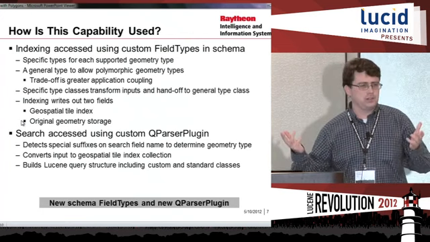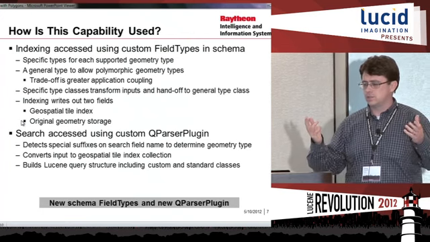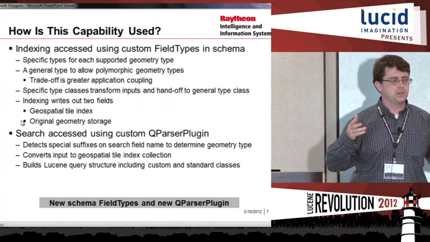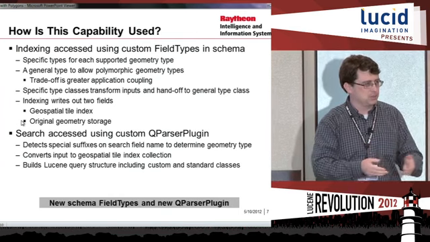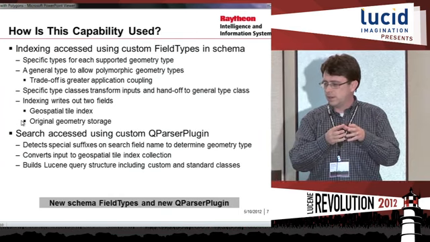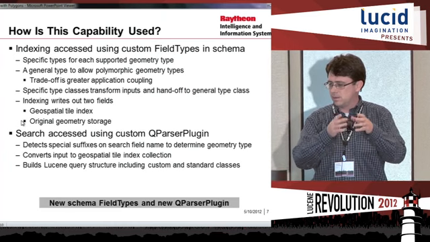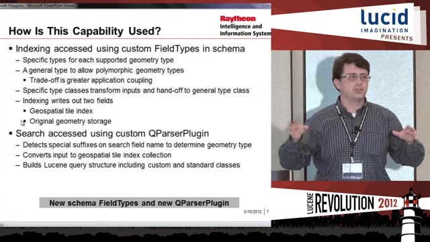So how do we actually use this capability? It requires the use of some custom field types in the schema. Right now in the committer, this might be something as the contribution process goes forward, exactly how this works might need to be adjusted. The schema has some specific types for each supported geometry type and then a general type.